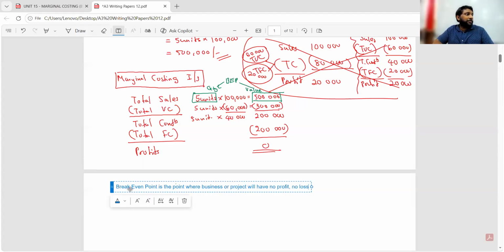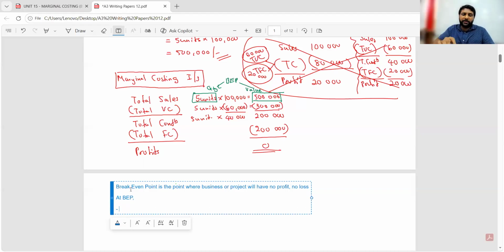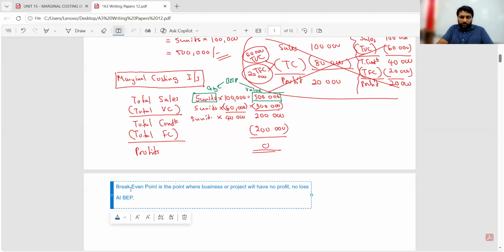Break even point is the point where business or the project will have no profit, no loss. At break even point, I'm going to give you some important learnings. At break even point, first point, profits or losses equals 0.